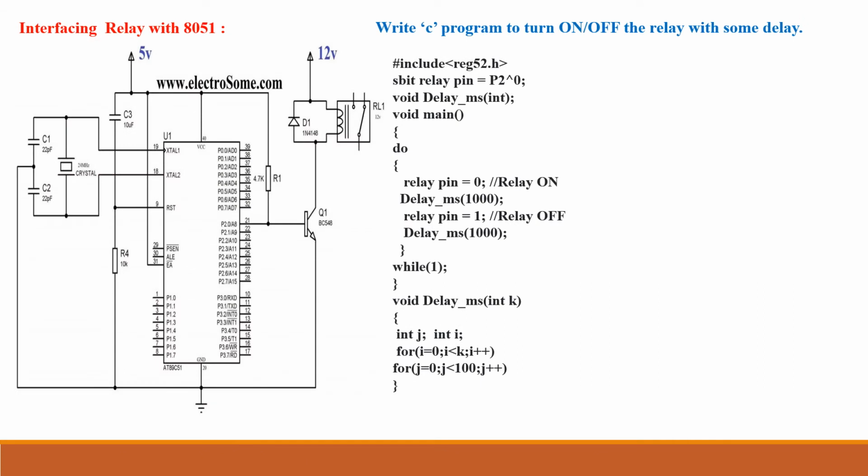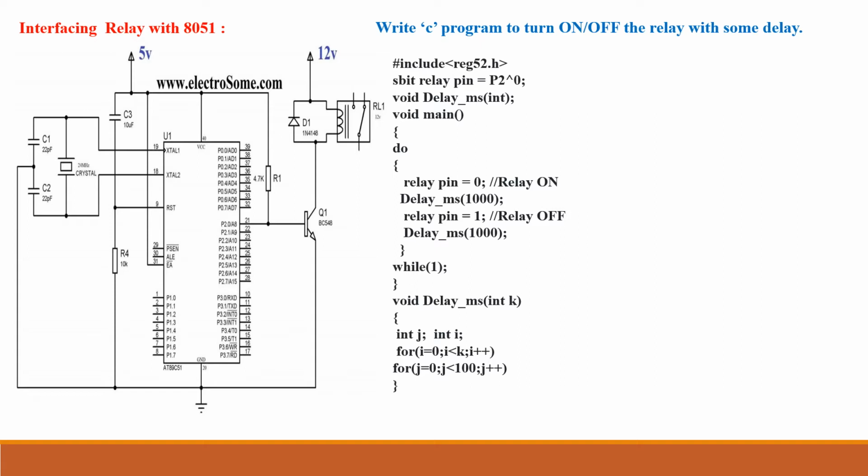Let's see the interfacing of a relay with 8051. Here, instead of an LED, the relay is the output device, and the relay is connected to P2.0. According to that, we enter the status of the relay in the main program. Here I define sbit relay pin = P2.0.